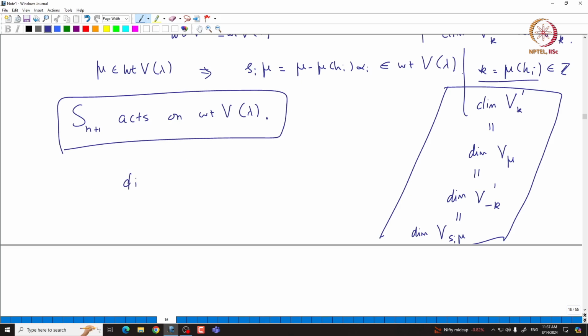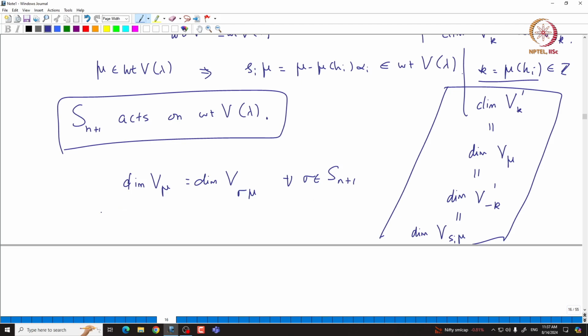So, in particular, the dimension of V_mu is the same as the dimension of V_{sigma mu} for all sigma in S_{n+1}. That is because it is true for any s_i, and the s_i actually generate this S_{n+1}, for i from 1 to n. Okay.